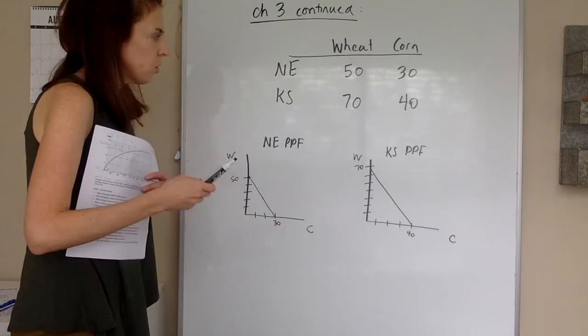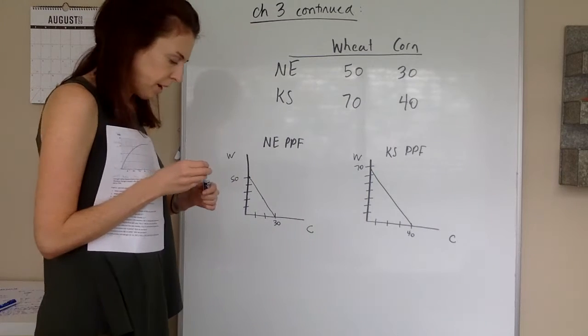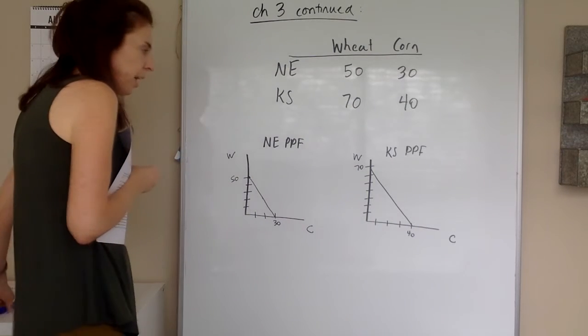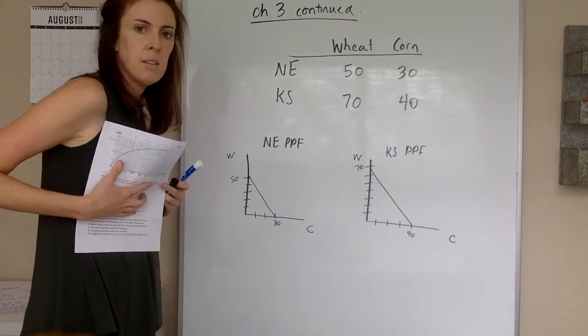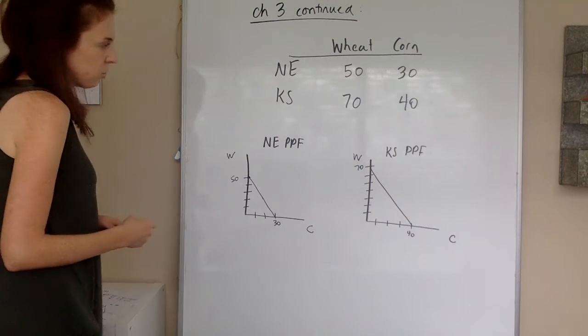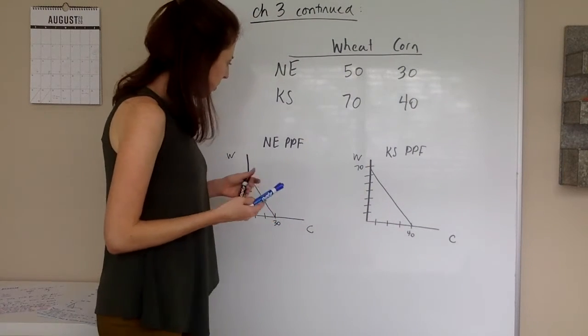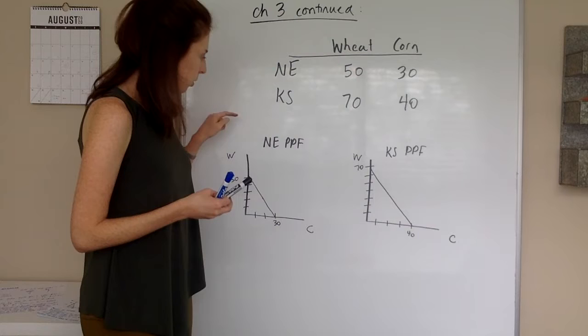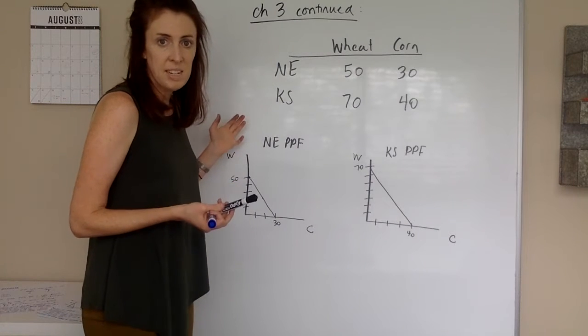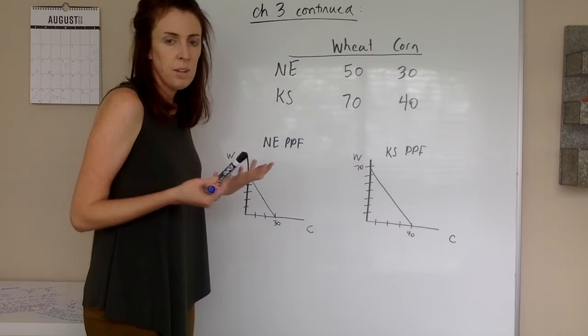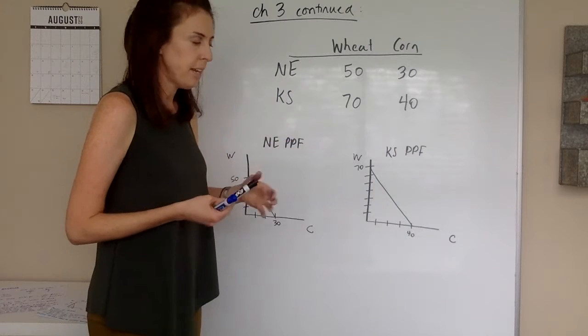Suppose we start out in a world where there is no trade allowed between states. That means whatever Nebraska grows, that's what they have to eat. They don't get to bring any extra corn or wheat in from other states.